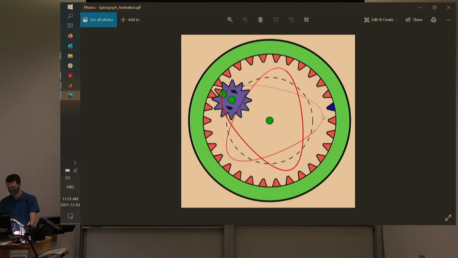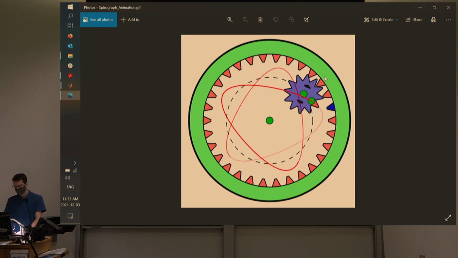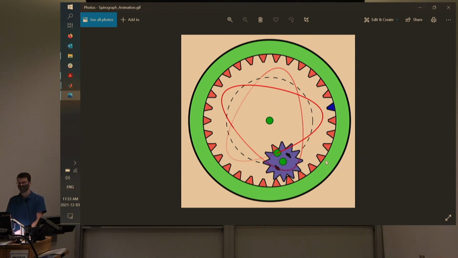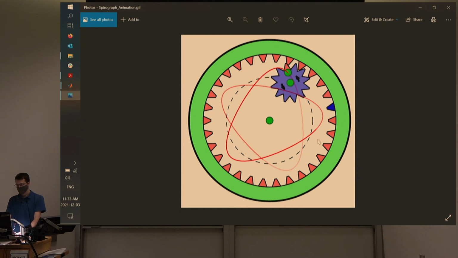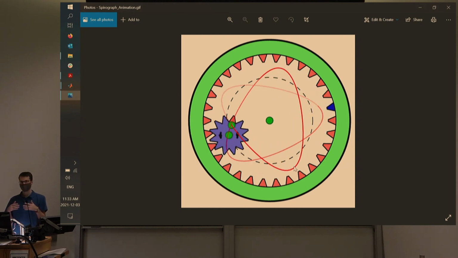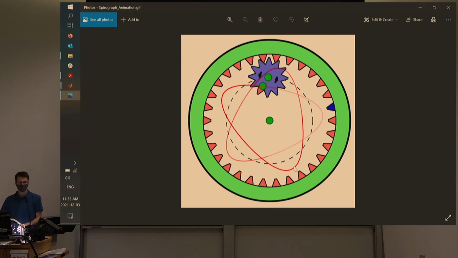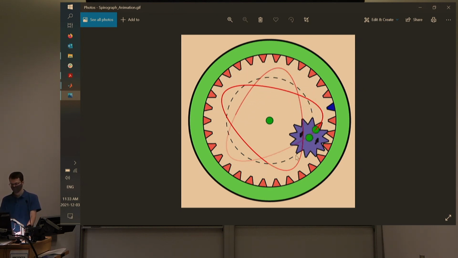But generally speaking, if you use a prime number for the outer gear, the larger gear, then the number of times that the same teeth touch one another is going to be a lot smaller than if you choose the outer gear to have some multiple of the inner gear's teeth.